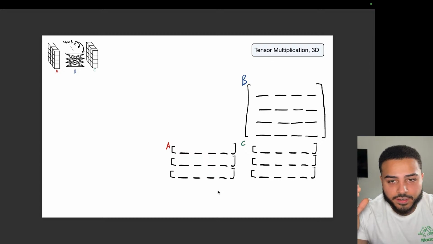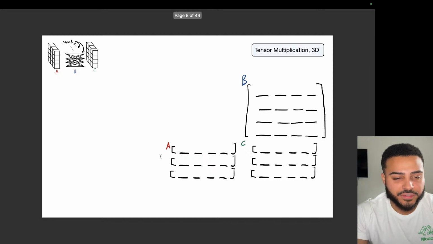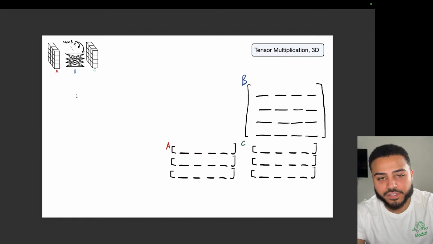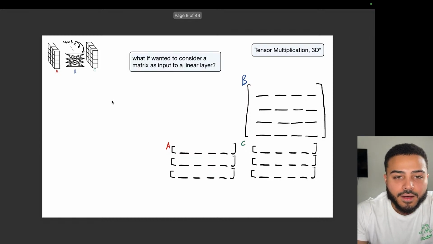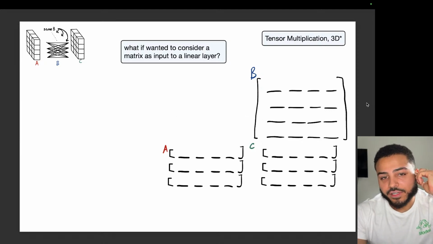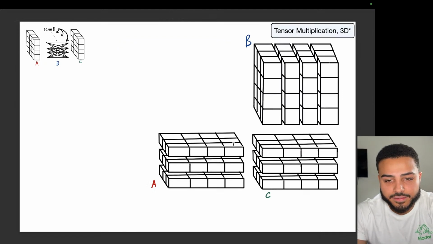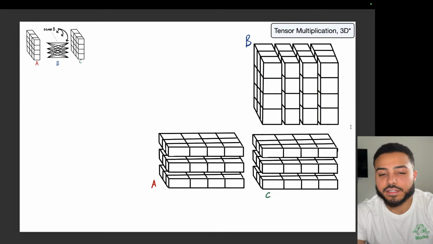Then how would, I forget if I made these slides for batch or tensor multiplication, but if we tuck that over to the side, give us some more screen real estate. What if we wanted to consider a matrix as an input to a linear layer? Well, we could add some depth to all of these things.